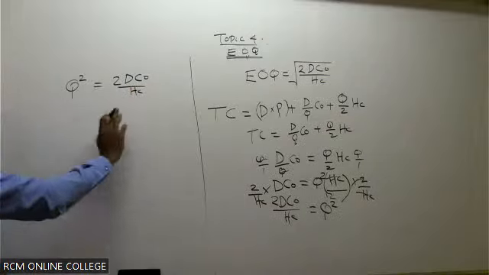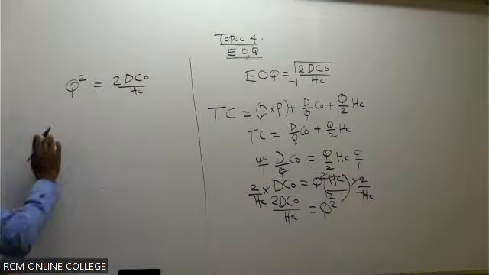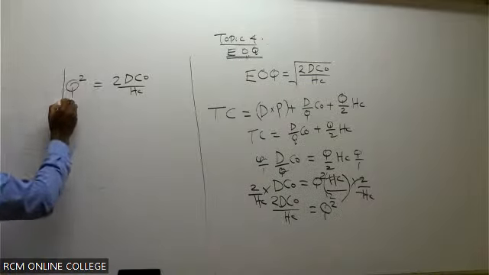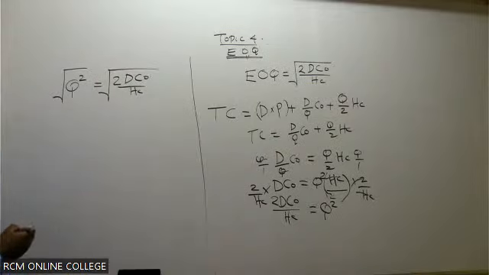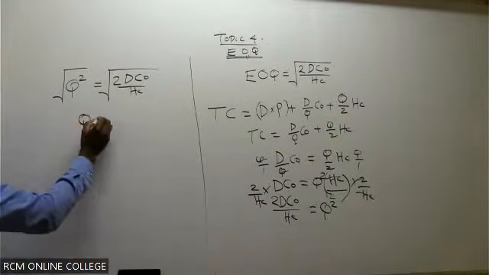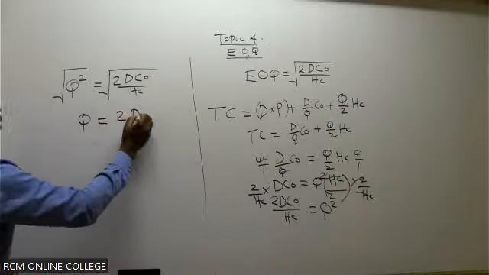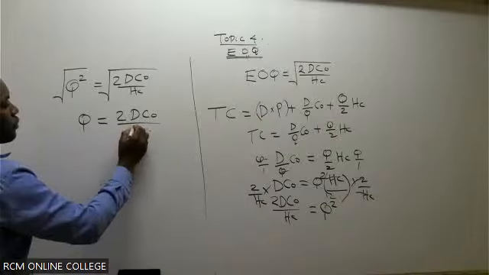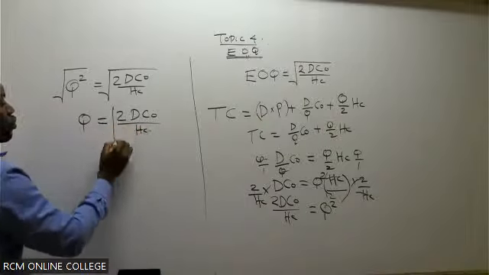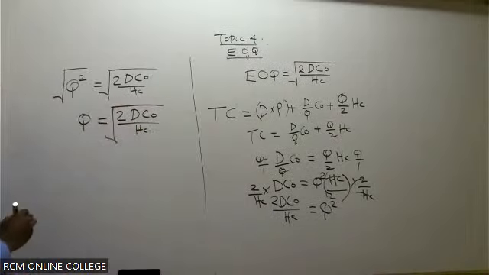Remember, my interest is to get Q, not Q squared. So what do I need to do? I need to get the square root of everything, making me have Q equivalent to the root of 2DCO over HC.